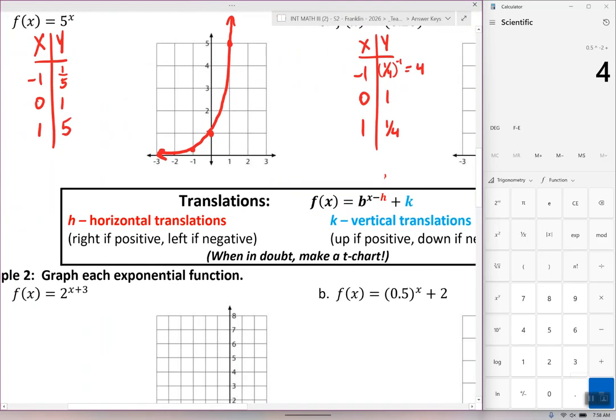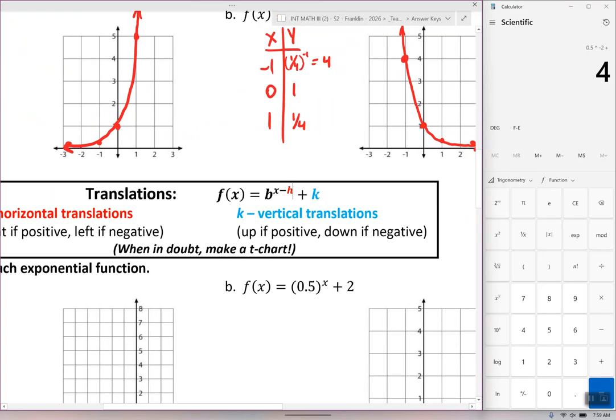So h here, the number added or subtracted to the exponent, that gives us a horizontal translation. If h is positive, we move to the right. If h is negative, we move to the left. And then k is our vertical translation. It goes up if it's positive and down if it's negative.